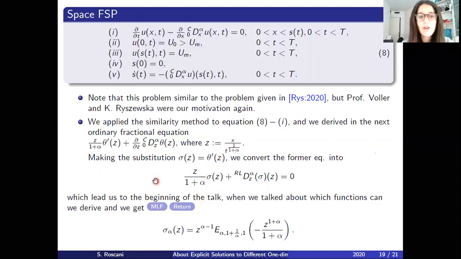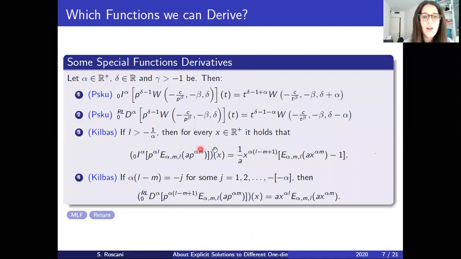Of course, this takes me back to the first part of the talk. To obtain a solution to that equation with Riemann-Liouville derivative, we will use the result given by Kilbas, that the Riemann-Liouville derivative of a power of the three-parametric Mittag-Leffler function can be written like this.